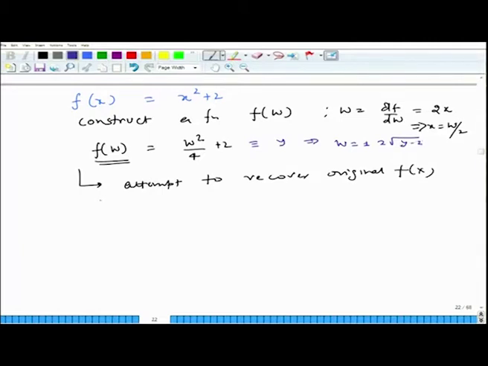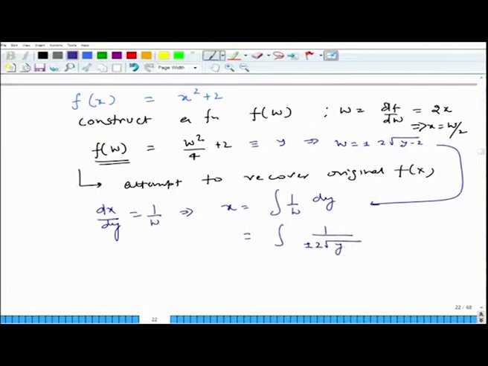Now this w itself can also be written as del x by del y, which is nothing but w. So x is the integral of w dy, and now w is back here. We plug it in here and we get, equivalent to saying, y minus 2 plus c, or in other words y is x minus c squared plus 2.